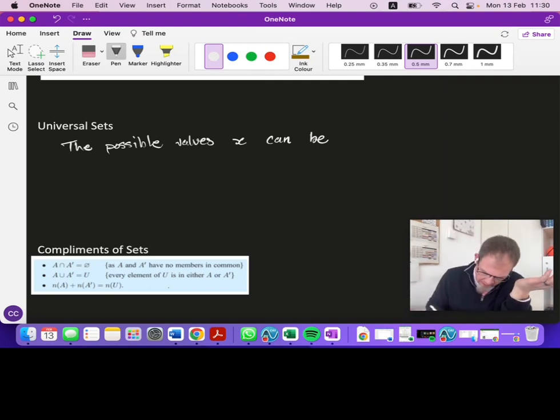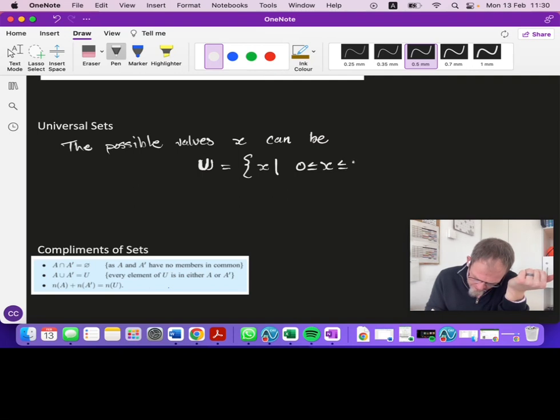Let's define a universal set. Let's just pick some values. So I'm going to say that my universal set, and we use the letter U sometimes with a little blackboard bold on there, is x such that x is between 0 and 10, and let's say that x is an integer.